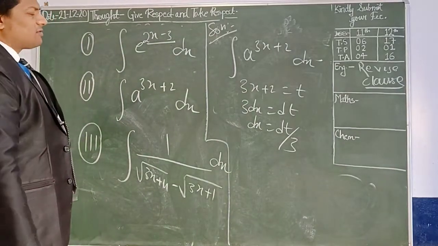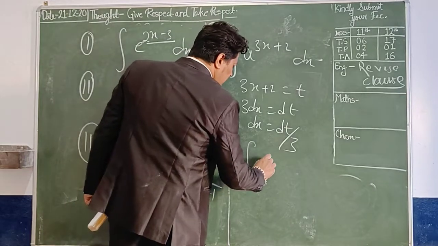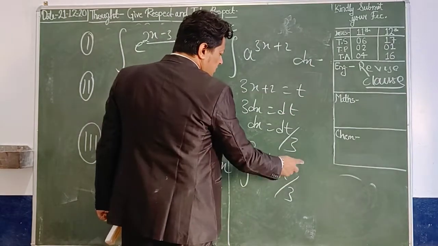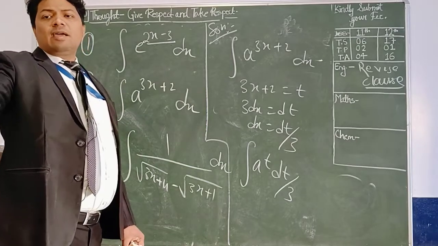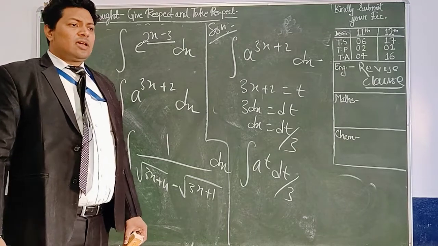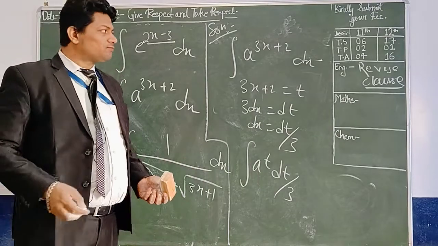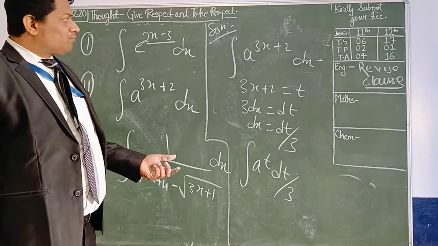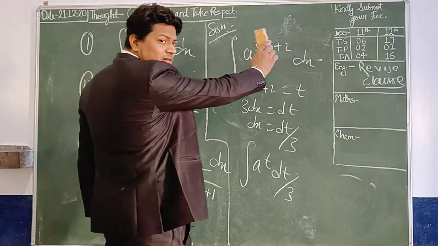Is it clear? dx equals dt by 3. Any doubt up to this point? Integration a power t dt by 3. In the place of dx, dt by 3, and a power t. Is it clear? And as I told, the integration of a power x is a power x upon log a base e. Right or wrong? Clear?